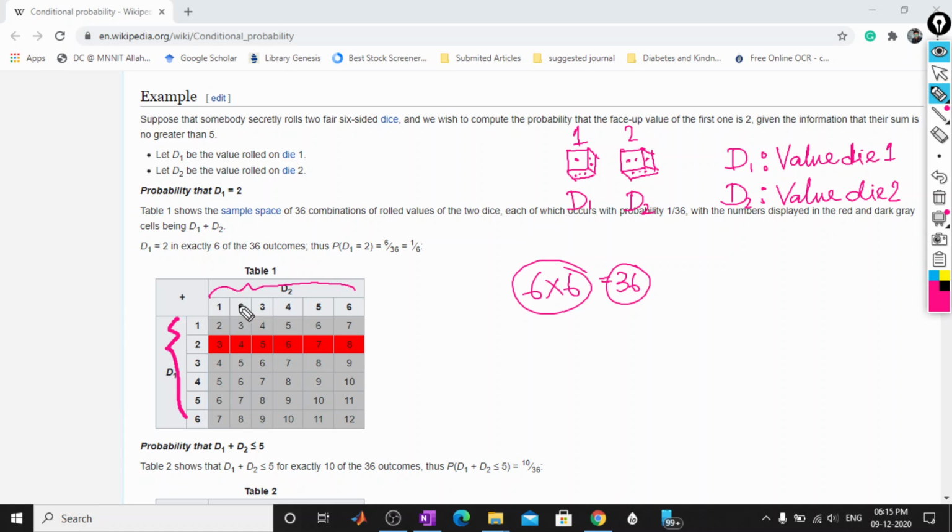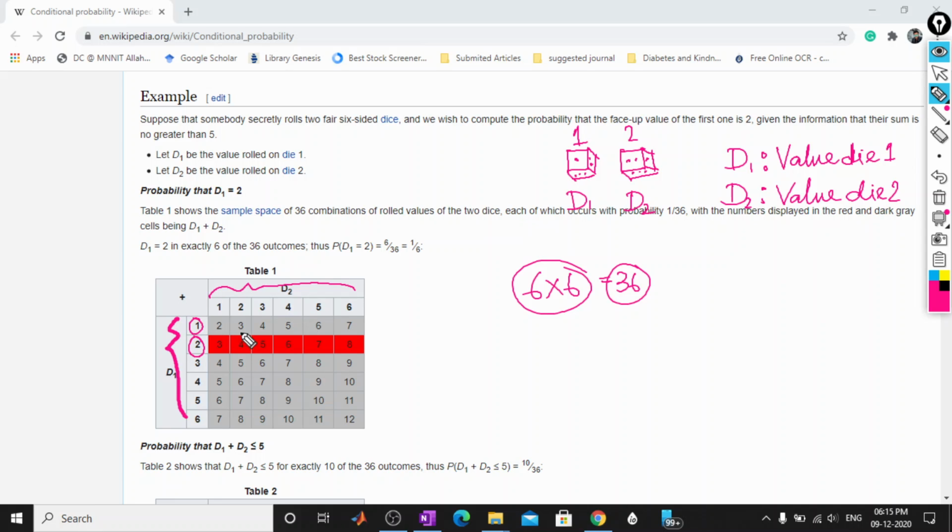Now the meaning of this table: if we roll die 1 and it takes the value 1, or if we roll d1 again and the value is 2, then this is the row. The row is taken by d1 values, and the column is taken by d2 values.